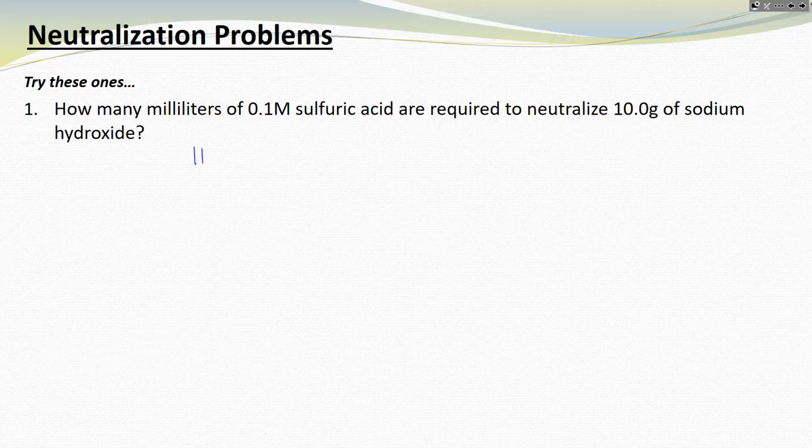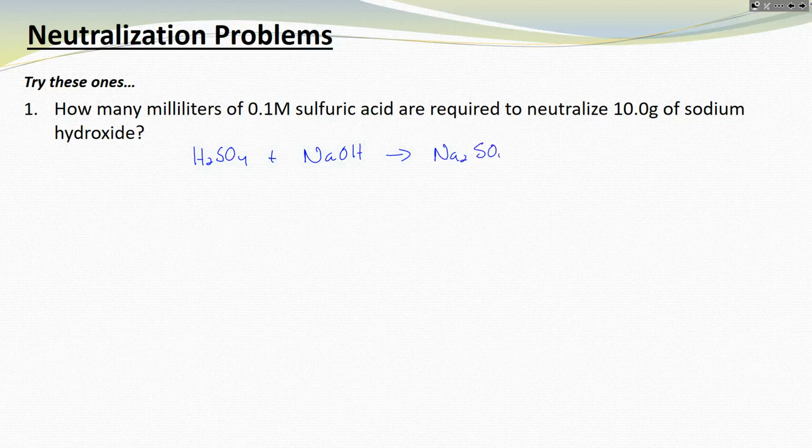So sulfuric acid is H2SO4, and sodium hydroxide is NaOH, and so this is going to be making Na2SO4 and H2O. I have to go back and balance: 2 there, 2 there. So this is 0.1 moles per liter, and this is 10 grams.